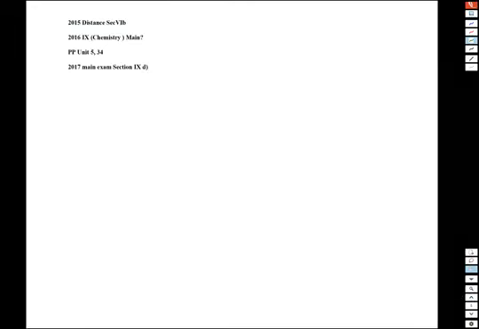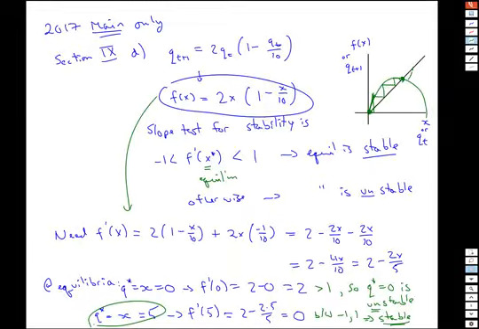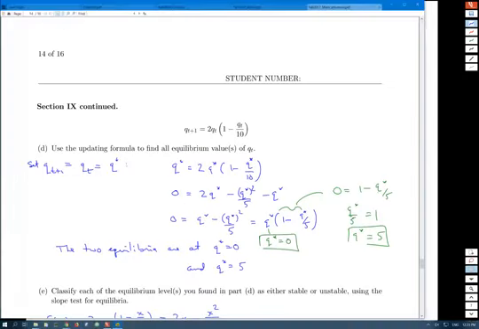All right, let's jump back up here. So we will jump to the 2016 exam, the chemistry example in section 9. Let's see if we have that.